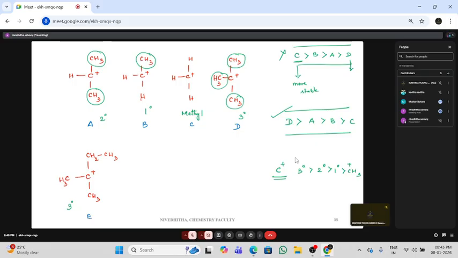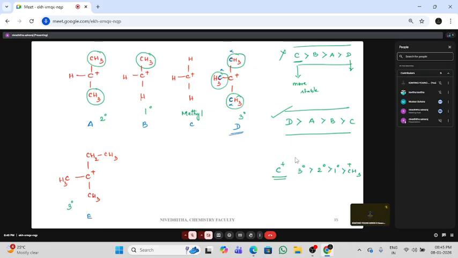Now we'll understand what alpha hydrogen is. The carbon which is directly attached to the positively charged carbon is called alpha carbon. So these three carbons are alpha carbons, because all three are directly attached to the positively charged carbon. And the hydrogens attached to alpha carbons are called alpha hydrogens.